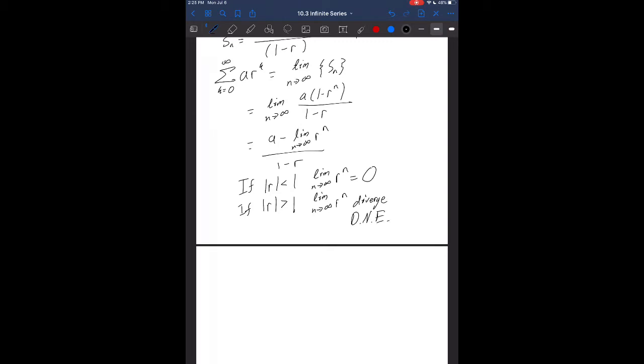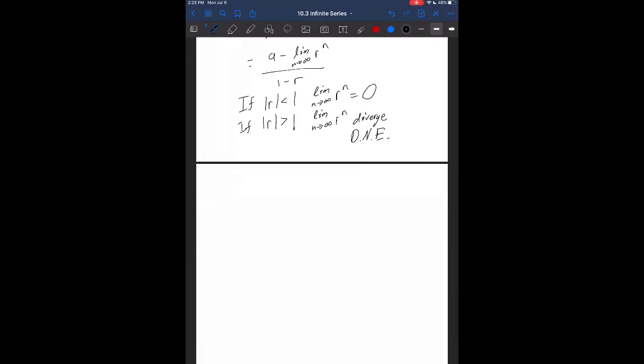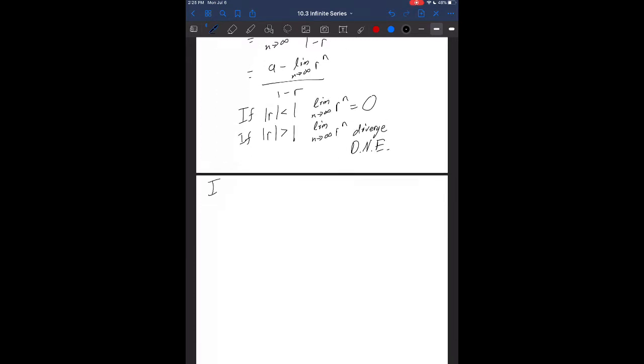It does not exist. And so what this means in terms of our series now, instead of in terms of our sequence, is that if the absolute value of r is less than 1, then the sum from k equals 0 to infinity of a r to the k is going to be a over 1 minus r, because this limit right here is going to disappear to 0 as n gets really, really big.